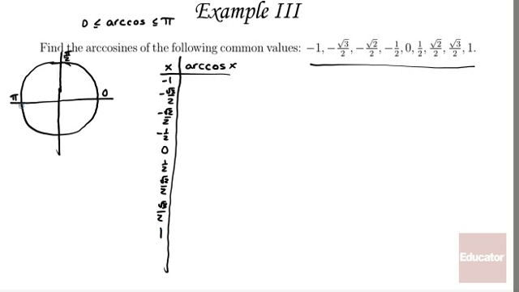So negative 1, the x coordinate of negative 1 is over here. Well, clearly, that's pi. That's the angle pi. Negative root 3 over 2, I draw that as the x coordinate, and that angle is 5 pi over 6.